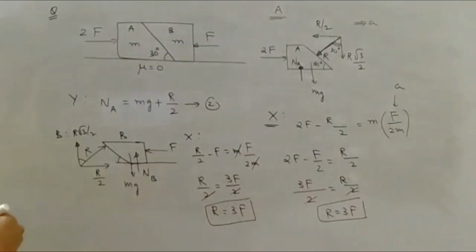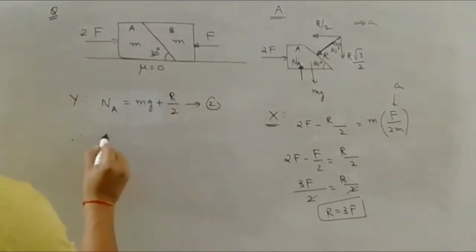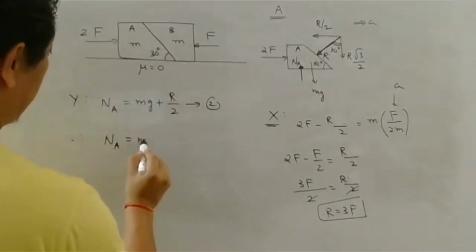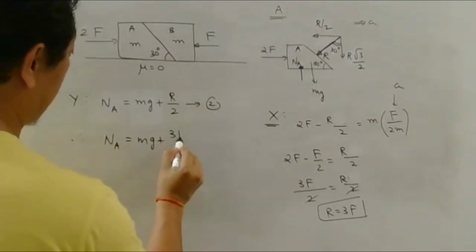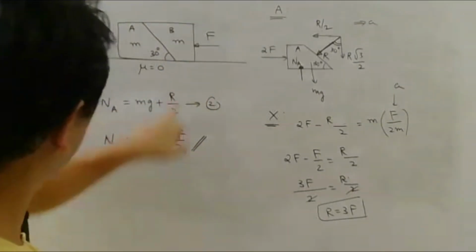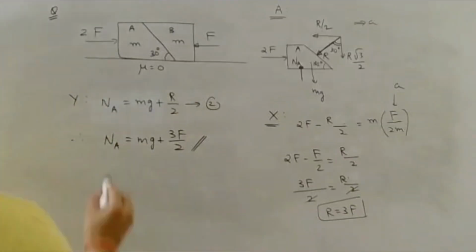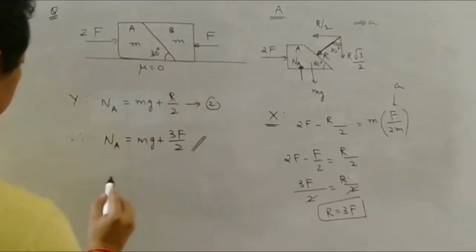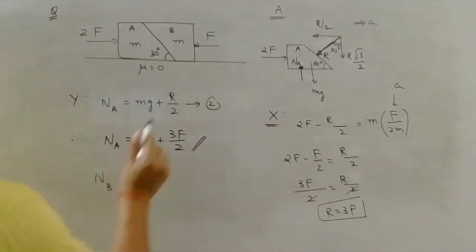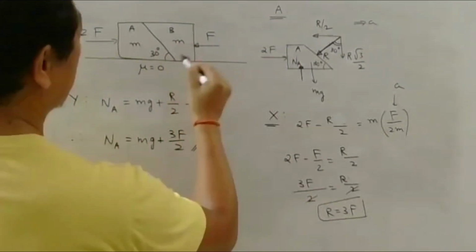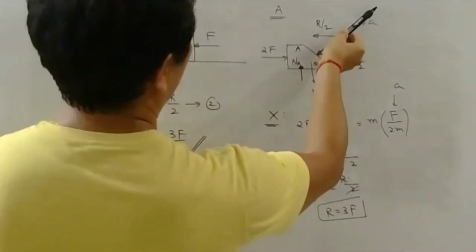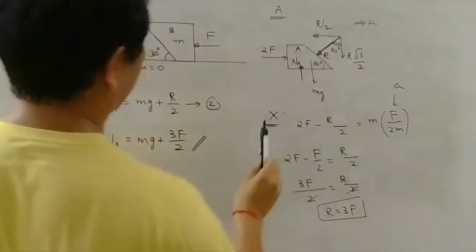Once we found R, the normal force for A will be mg plus 3F by 2. Here you can stop because F and m are given to you. Similarly for block B, you can find the normal force. For block B, this R was here and this component was up.